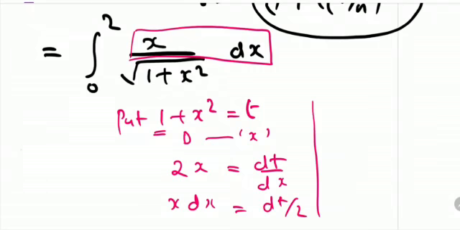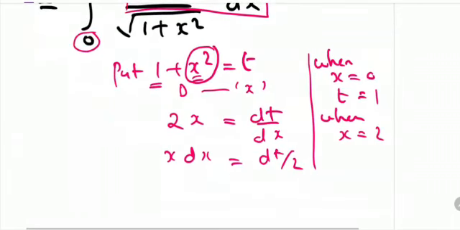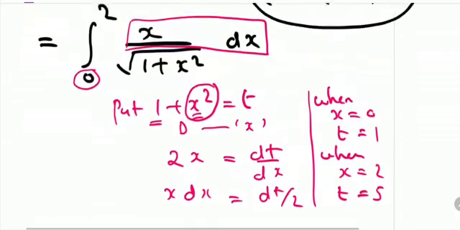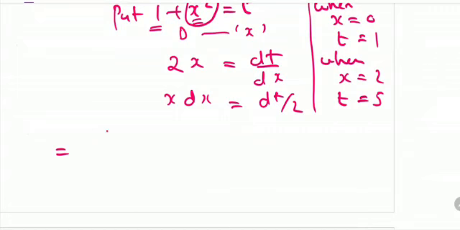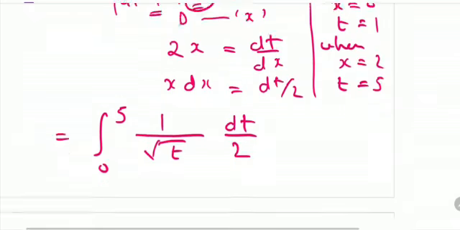Also observe, when the lower limit x is 0, we get t as 1. And when x is 2, 2 square is 4, 4 plus 1 is 5, so t is 5. So my question, which was 0 to 2, turns out to be 1 to 5, 1 upon under root t, and x dx is written as dt by 2.